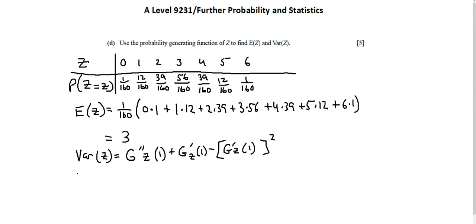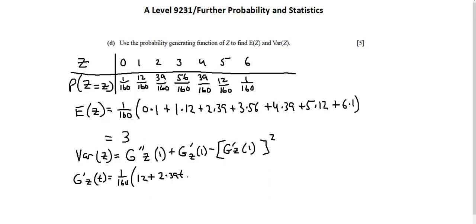The first derivative, going back to requirement C, the first derivative of the probability generating function, for now, using the variable t. My first term, I have 1 over 160 times. My first term was 1, that goes away. The next term was 12t, that becomes 12. The next term was 39t squared, so that's 2 times 39t.